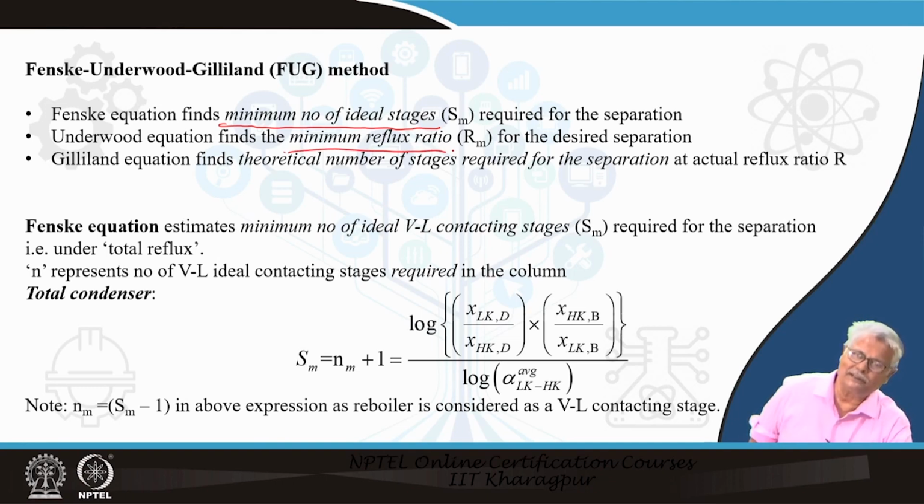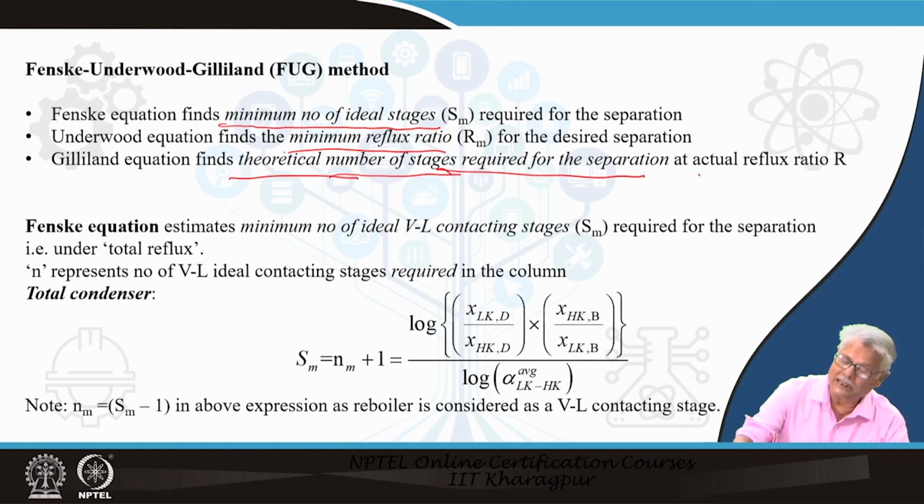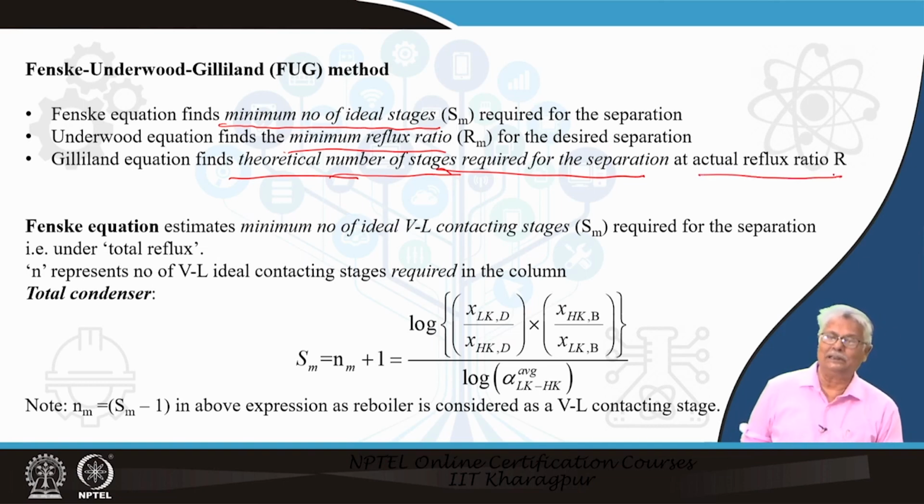The Gilliland equation definitely is the most important equation at the end. That means it is going to give us the actual number of theoretical stages, ideal stages, required for the separation at a particular reflux ratio R, which is definitely more than R minimum, because R minimum is the minimum required. Your actual operating reflux R has to be higher than R minimum.